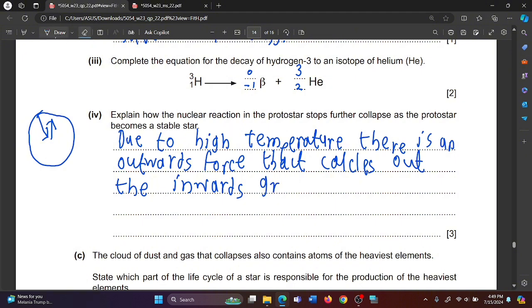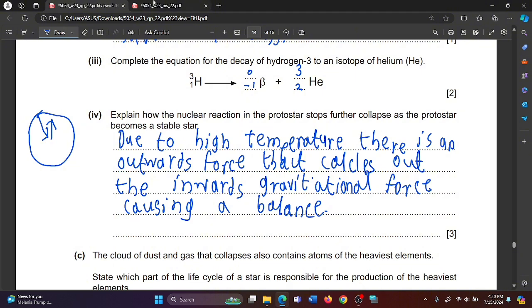Sorry, I think I made a spelling mistake. Gravitational force causing a balance of zero imbalance.